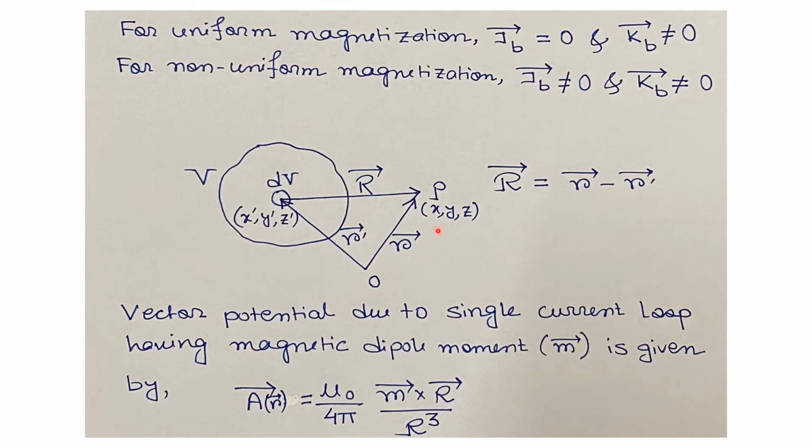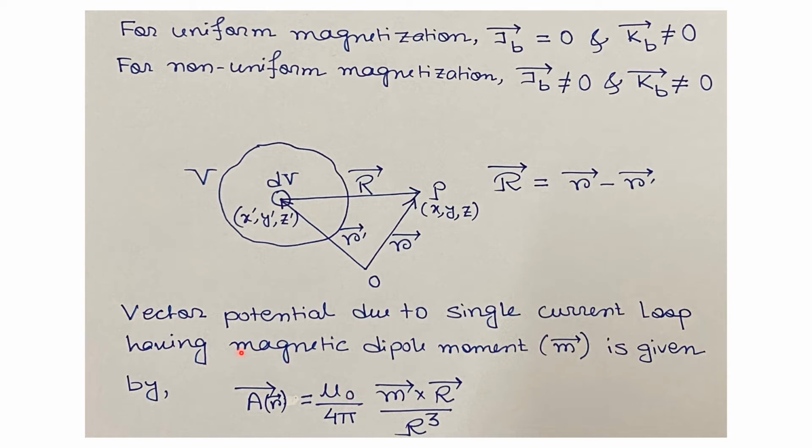And we'll consider another external point P which has the coordinates x, y, z. So from the volume element, the external point P will have position vector capital R, which is basically R vector minus R dash vector.